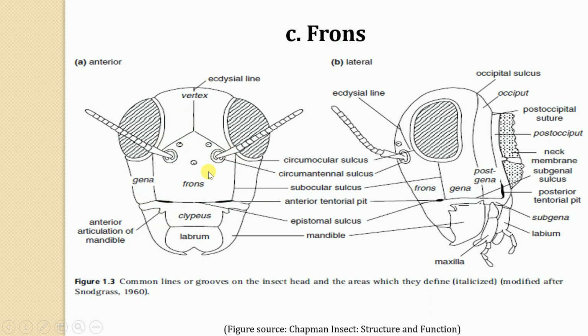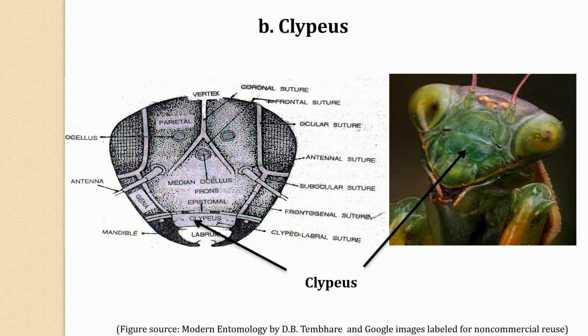In arthropteroid insects, it may possess a single median ocellus, and in other cases it may also bear lateral ocelli. So here in this diagram you can see the lateral ocelli as well as the median ocellus, both lying in the frons. However, in some cases the lateral ocelli may occupy another region known as the parietal region.